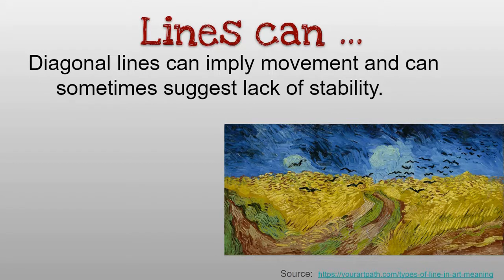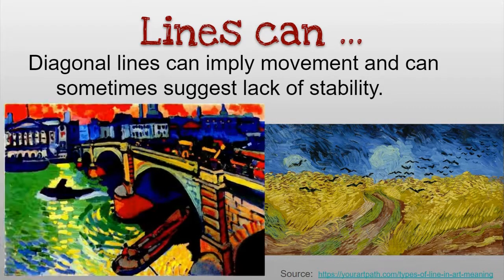You almost see the wheat and the grasses moving in the wind, and it almost makes it look like the picture itself is moving, even though it's just a painting. In this picture, you can see the diagonal lines suggesting that the boat is moving, and you can see the movement on the bridge.